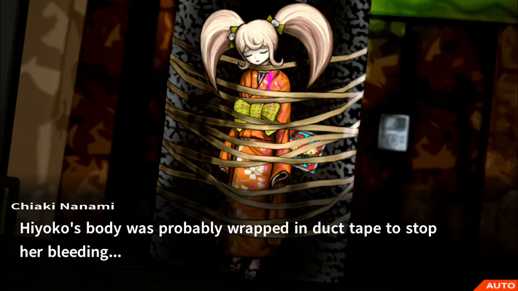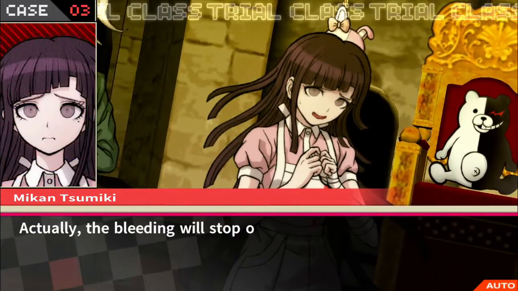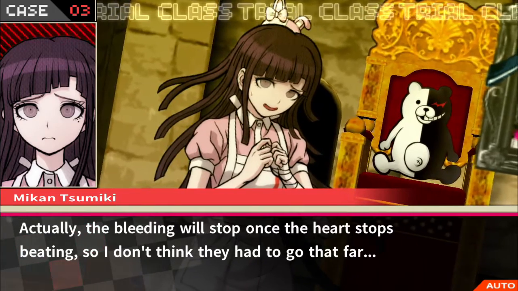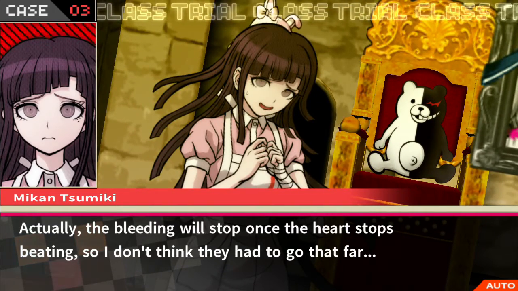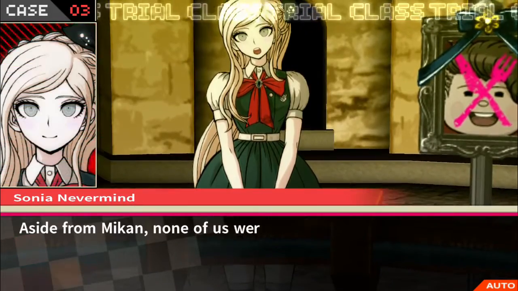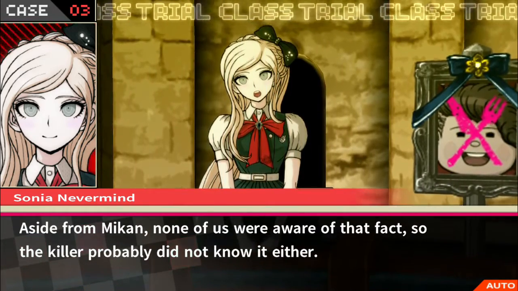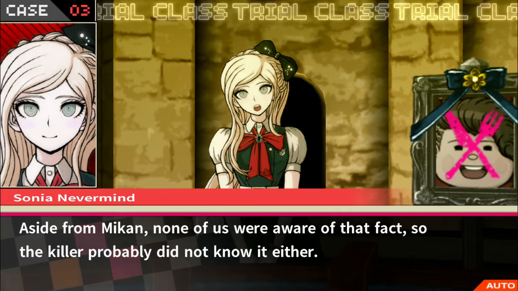Hiyoko's body was probably wrapped in duct tape to stop her bleeding. Actually, the bleeding will stop once the heart stops beating. So I don't think they had to go that far. Aside from Mikan, none of us were aware of that fact, so the killer probably did not know it either.